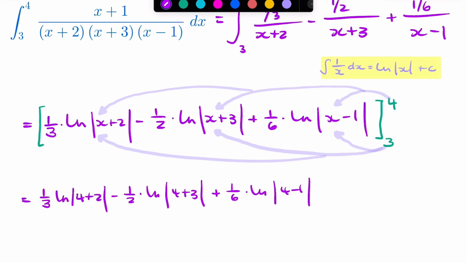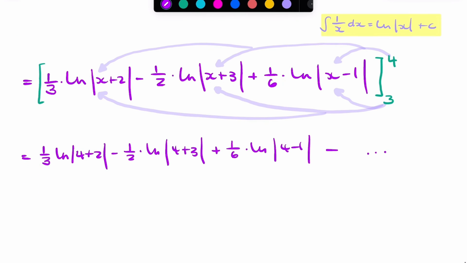So that's after substituting the 4, you now need to substitute the 3, but you need to subtract. So everything that comes after the minus sign is when we substitute the 3. So I'm going to do that all again, but this time we're going to have brackets. The brackets are important to make sure everything is subtracted. So I'm going to write it out again.